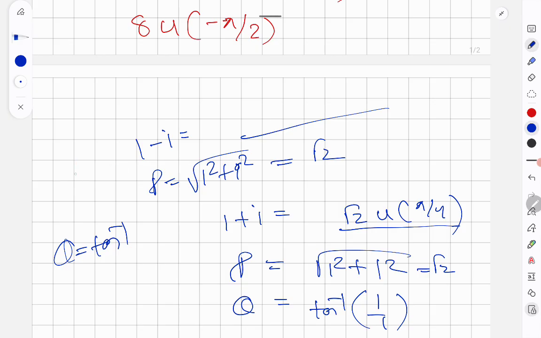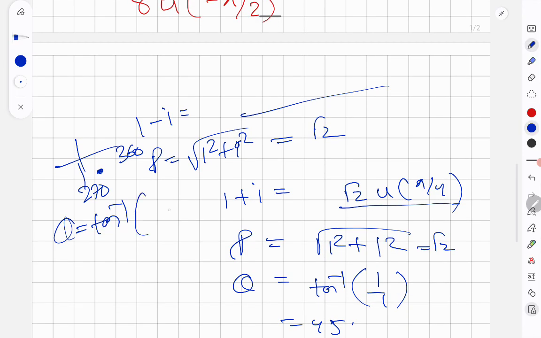You can imagine this one as 1 minus i, so it's over here. So the value must be between 270 and 360. This one will be 1 upon minus 1, so it's negative 45 degrees. If you take the angle from here, it's negative 45 degrees. It's the same thing if you take it from here as well.